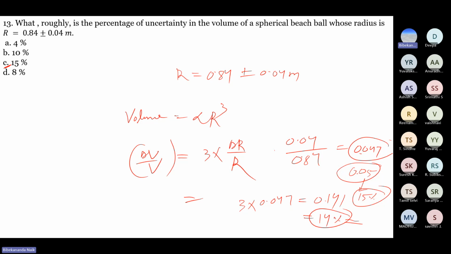We started with measuring devices like meter scale. We calculated the least count of meter scale, then vernier caliper, screw gauge. Then we studied a lot about voltmeter, ammeter. Since all these are made up of galvanometer, first we covered galvanometer, and then we studied how this galvanometer is converted into ammeter and voltmeter.